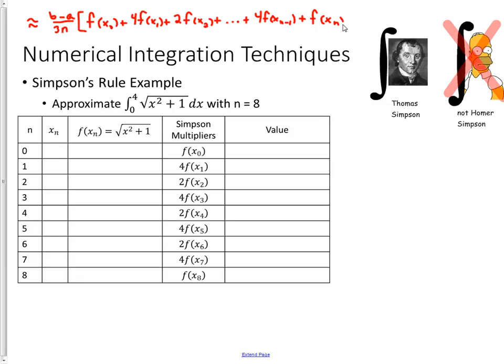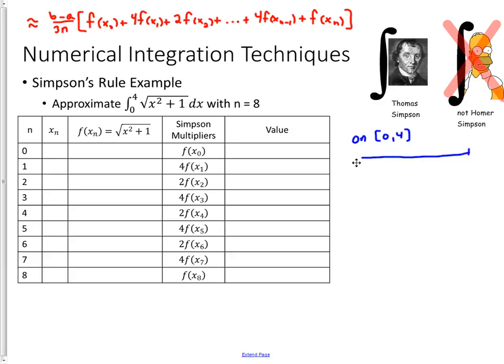So if we're going to stick with that pattern right here, the easiest way to do it in my mind is to go ahead and use a table. I made a little table for myself and I said, well, let's figure out what's got to happen here. All right, on the interval from 0 to 4, maybe a good way to think about it is on a number line right here.